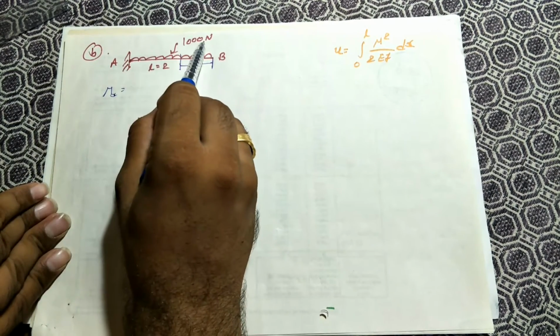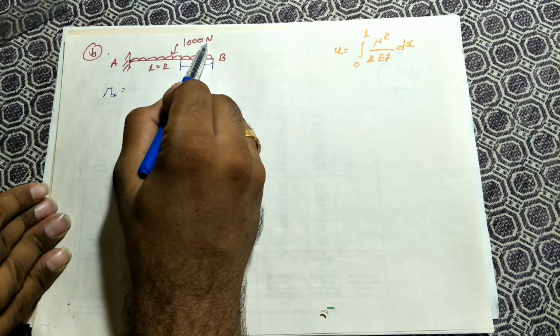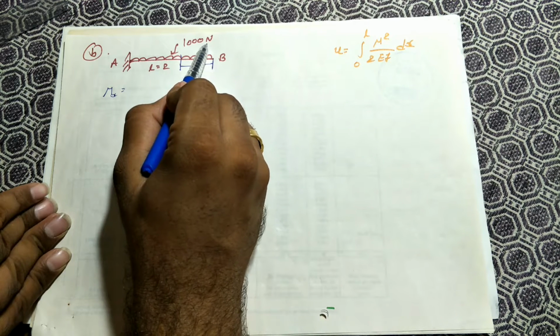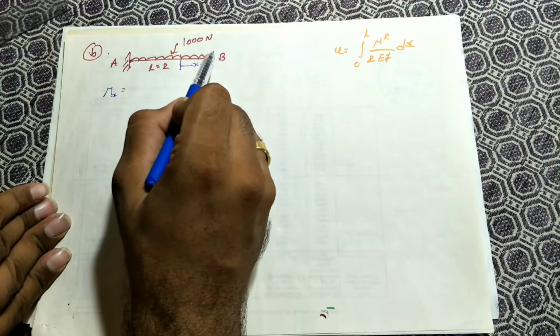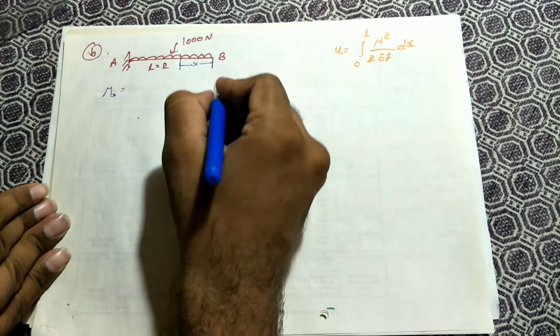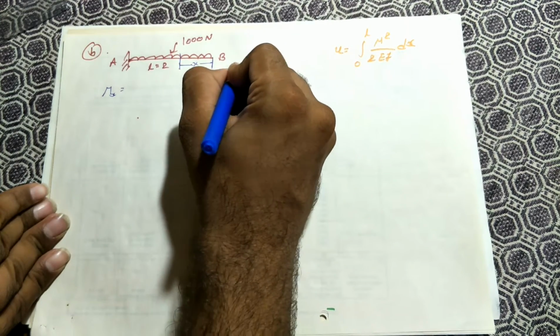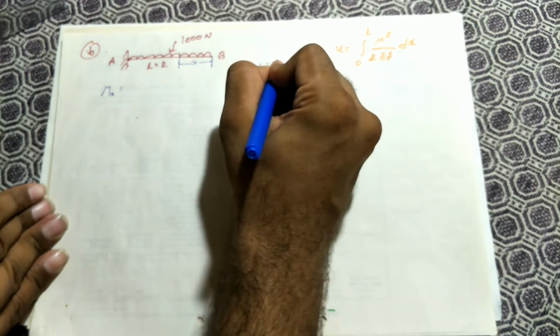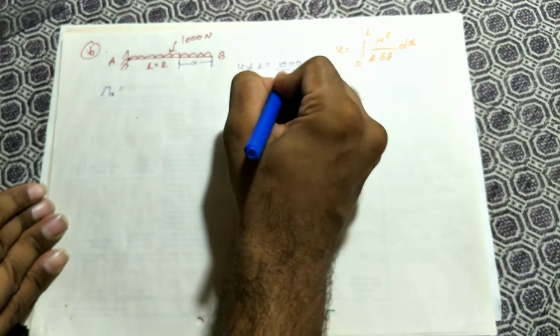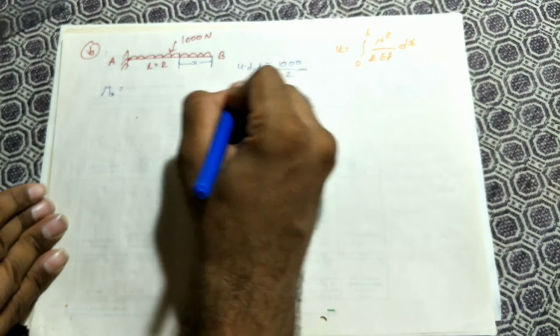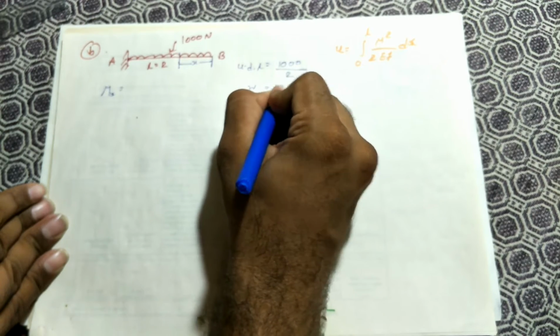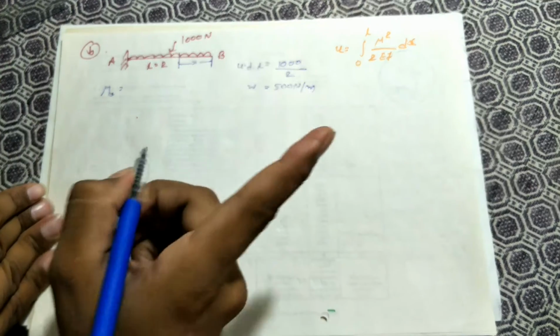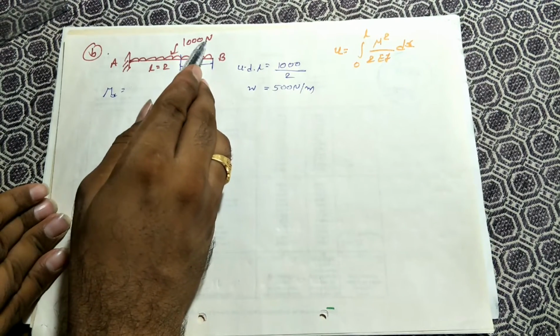This UDL is in Newton, but it would not be in Newton. That UDL value will always be in Newton per meter.